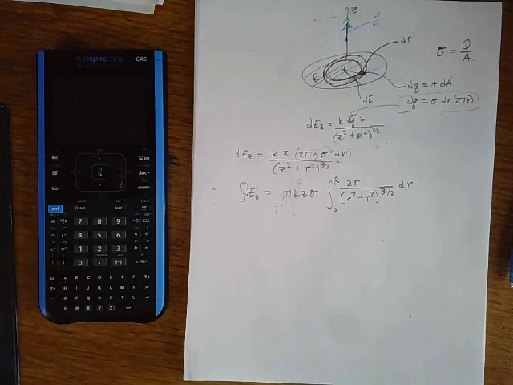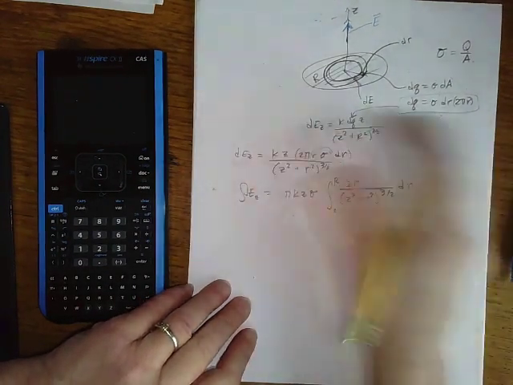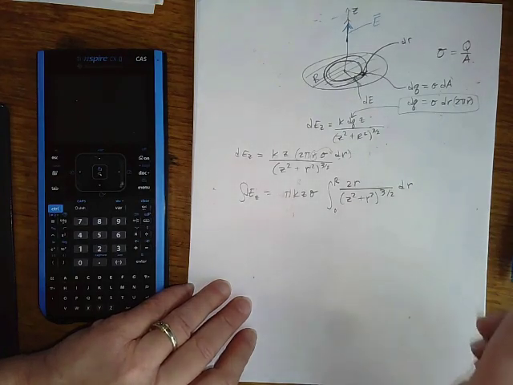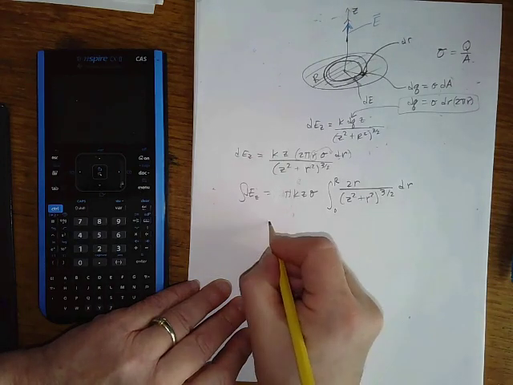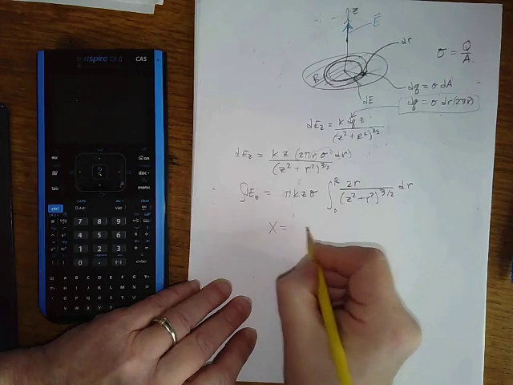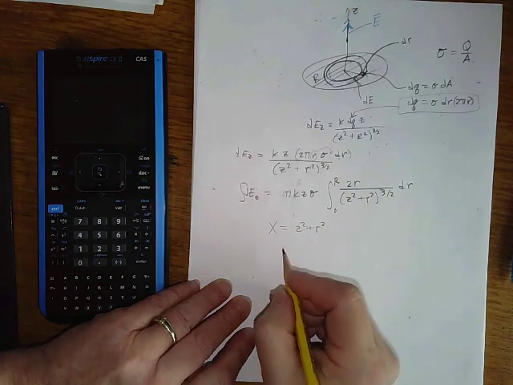Alrighty. Looks good. Going back to some fun calculus, and we won't go through all the details here, but we can do a change of variables method. We can just call it capital X, which is what the notes have. We're going to call capital X z squared plus r squared. And then what is dx?